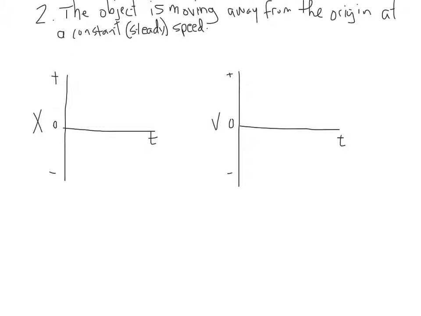Okay, so yesterday we started talking a little bit about these statements and the graphs that might result from them. First statement, number 2: the object is moving away from the origin at a constant, steady speed.